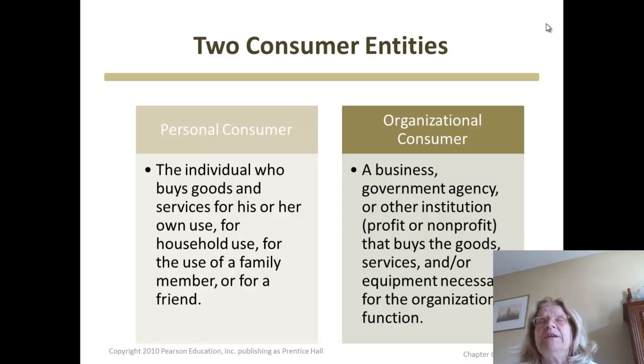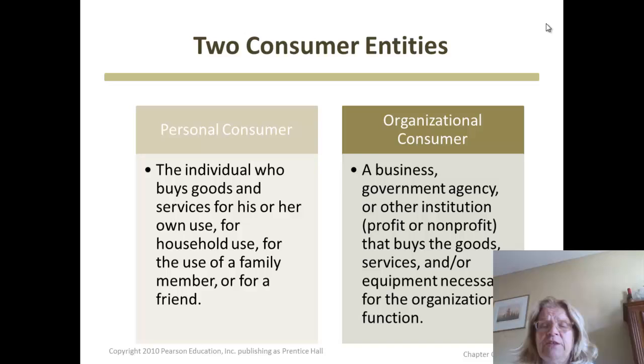We tend to think of consumers as personal consumers, as individuals who buy goods and services for themselves. The personal consumer is also sometimes called the end user or the ultimate consumer. This is actually, for example, you when you go to the shop to buy food or other goods.